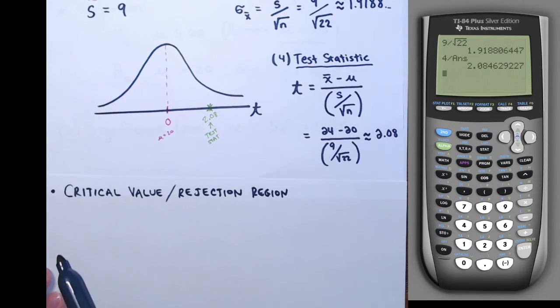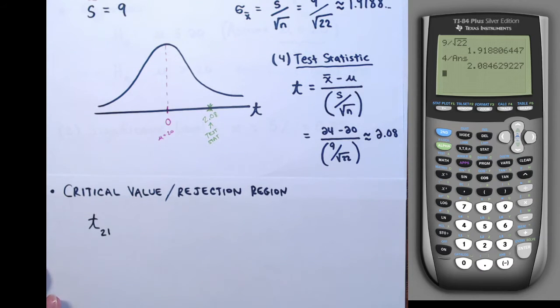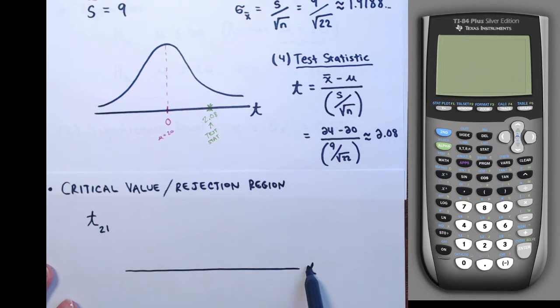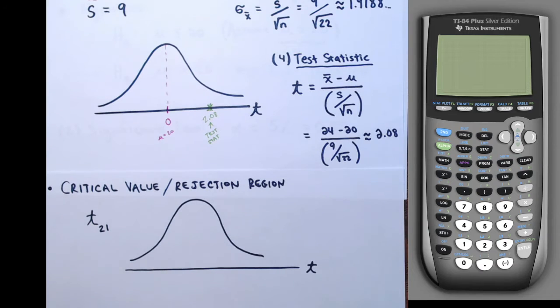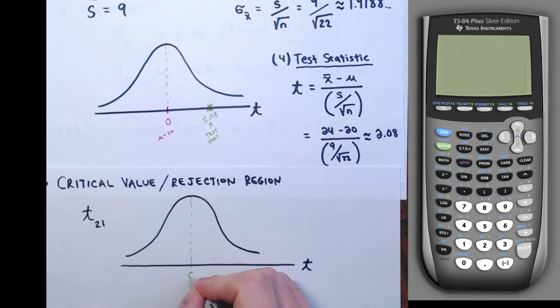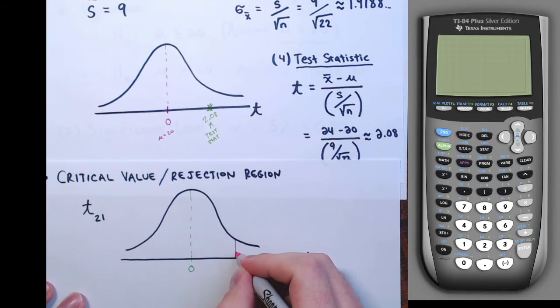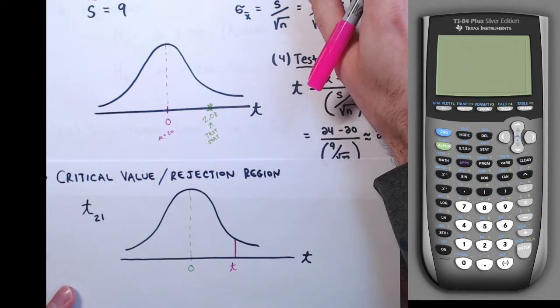So again, we're looking at a student's t with 21 degrees of freedom, right? We said that earlier. I'll draw a picture one more time. T-scores and some bell-shaped symmetrical curve there, and a t-score of 0 underneath the peak. Now it's a right-tailed test, so the rejection region is just going to be in a right tail. So what we're looking for is what's the t-score with an area of alpha above it.